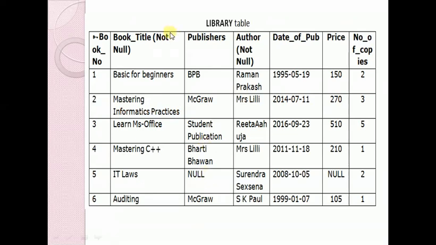Now let's see some example queries. We have a table called library with book number, book title, publishers, author, date of publication, PUB, price and number of copies. Based on this, let's execute the queries related to the distinct keyword.